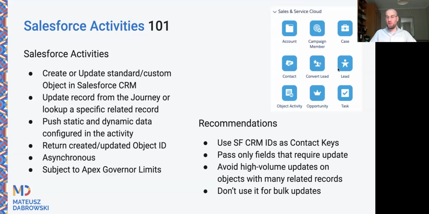So if you can, I would rather go with these specific 8 activities like the task, contact, lead, or case. But for all the other objects, the object activity is absolutely perfect. And of course, describe and document what you are doing with this object activity.